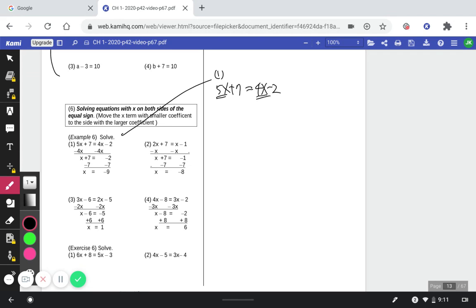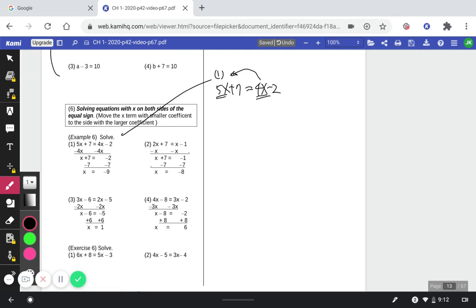Which one is the smaller x? 4x is. So you try to remove this one to the other side. The way you move it to the other side, in this particular case the left side, is to use the inverse operation.